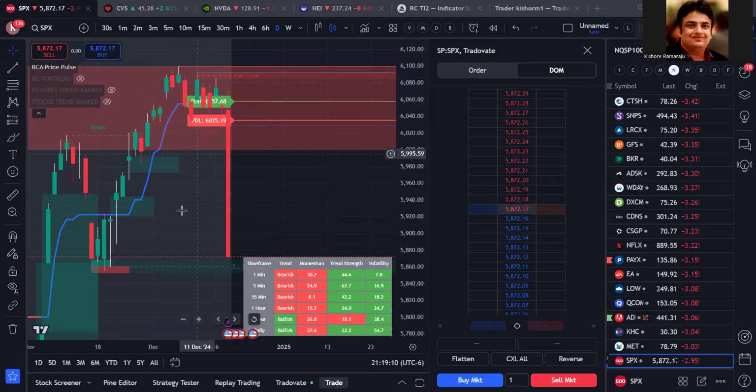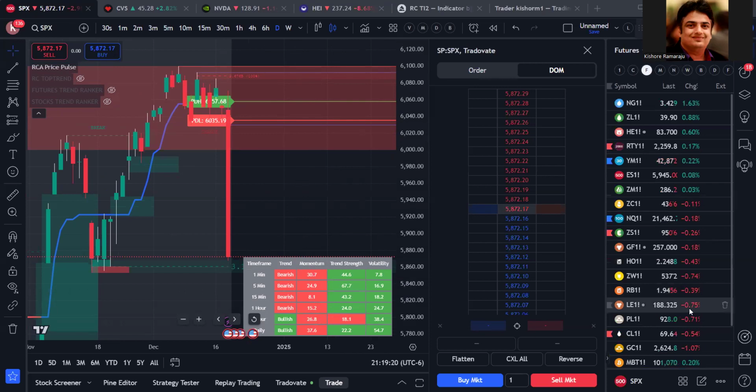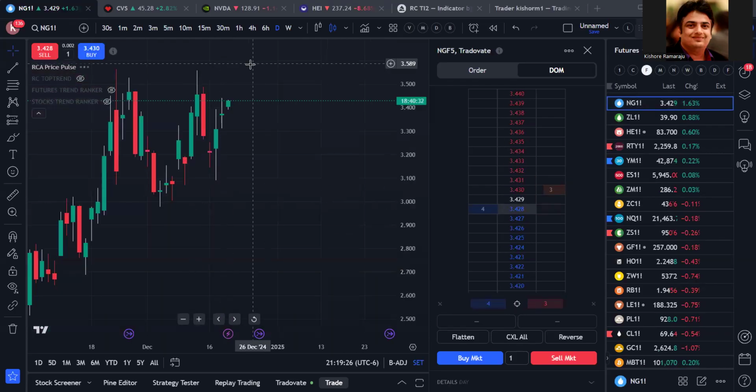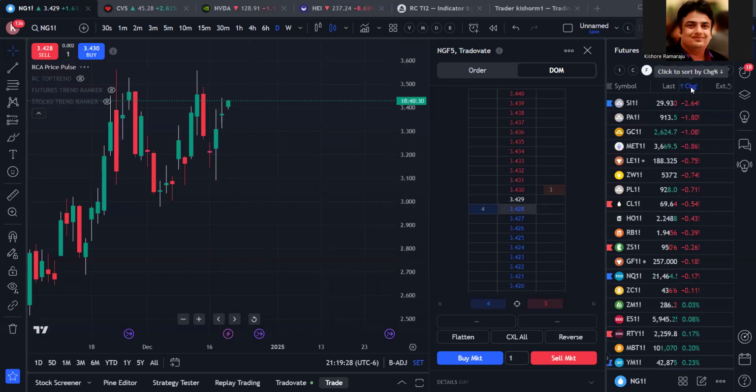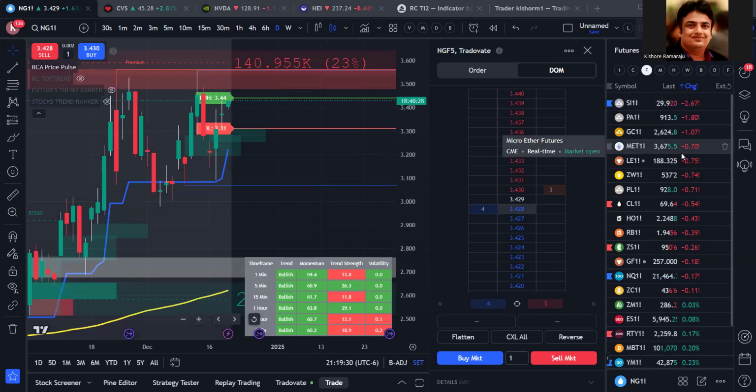But when the market is choppy, that means you have some green, some red, something like 0.1, 0.2 without a proper trend. Natural gas is very bullish, whereas silver is very bearish.